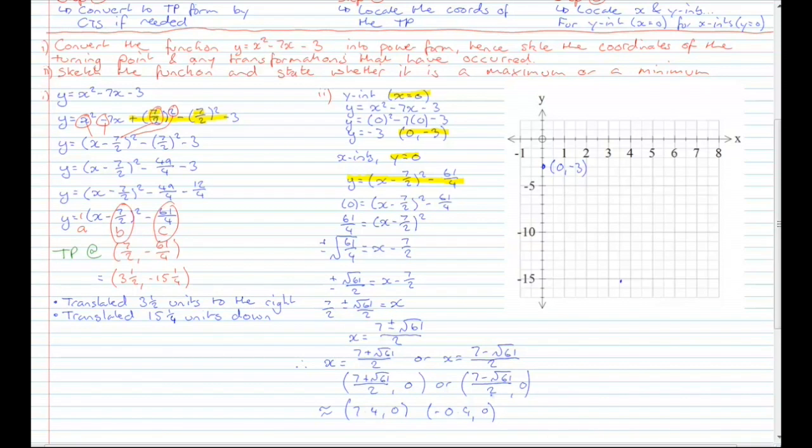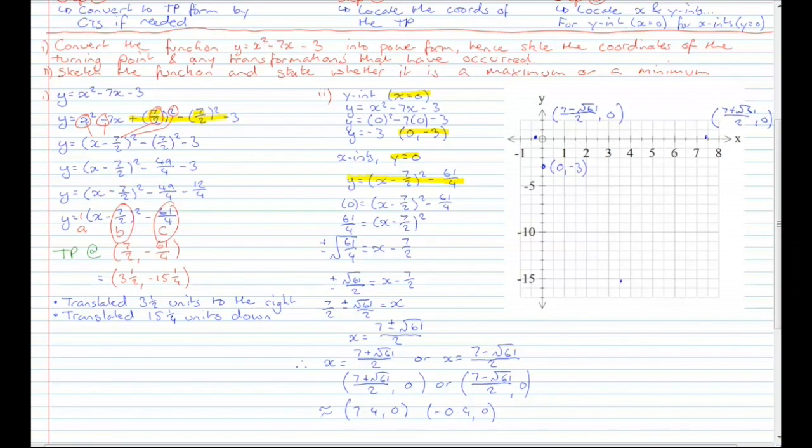Now this is kind of hard to sketch, so what you need to do is just put that into your calculator and find an approximate value, so that gets us 7.4. So we're going to go 7.4 over here, but I'm going to of course write out the exact solution, so that is 7 plus root 61 on 2, comma 0. And over to negative 0.4 once I put this into the calculator, so this is over here roughly, and once again I'll write that out using exact values, so you get 7 minus root 61 on 2, comma 0.